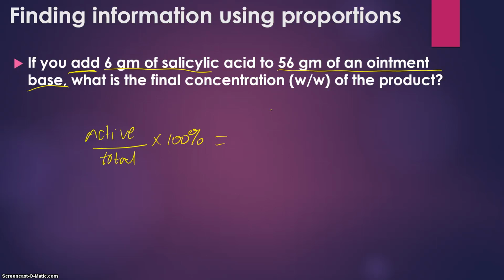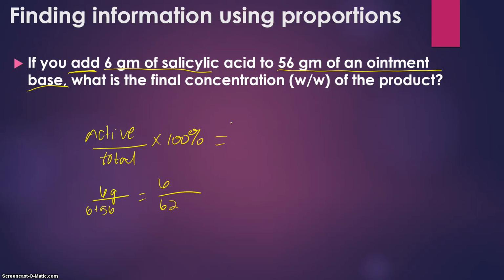So our active here is 6 grams of salicylic acid. So 6 grams. And then we have over the total, which is 6 plus 56, gives you what? 62. So 6 over 62.